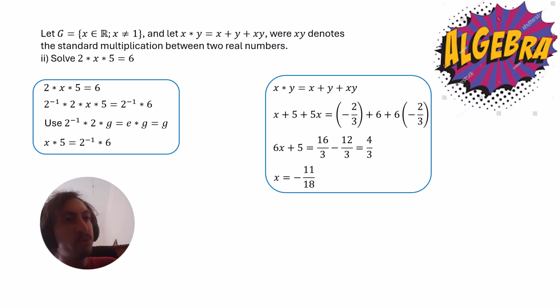Now I've gone through this a few times in my notes, so I'm quite sure that that is the correct solution. I've also checked a little bit insofar as quickly looked at 2 star x star 5 with x being minus 11 over 18 to see if we get 6, and it seems to check out.